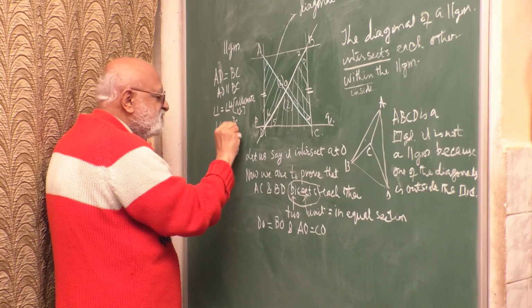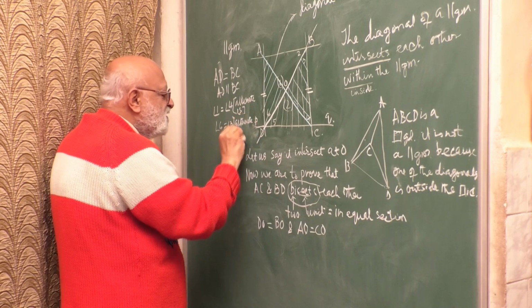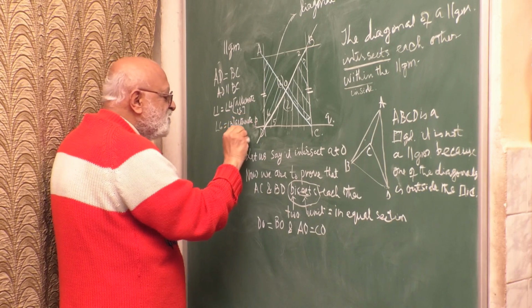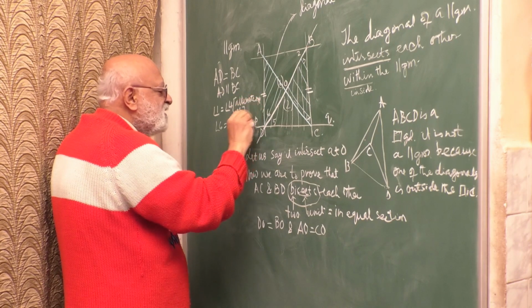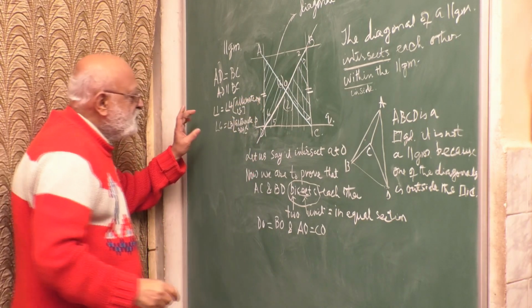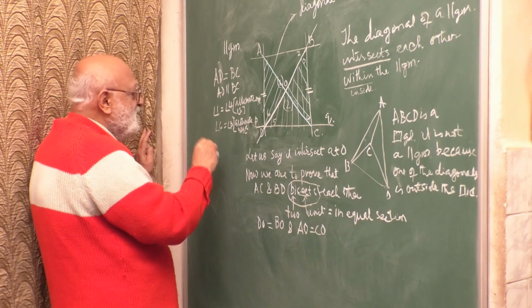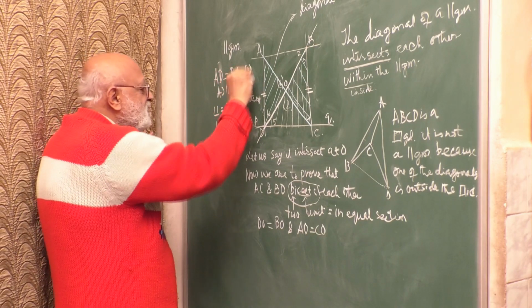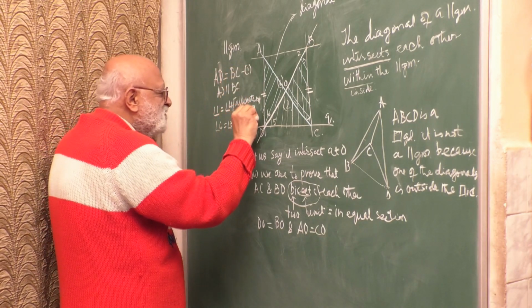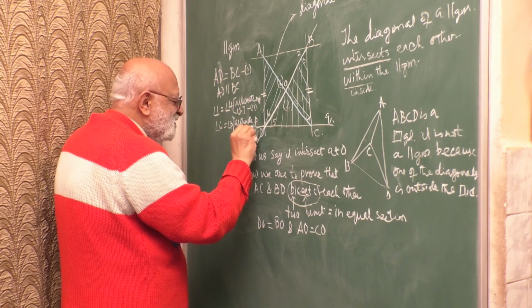Same, alternate opposite angles. This is point 1, this is point 2, and this is point 3.